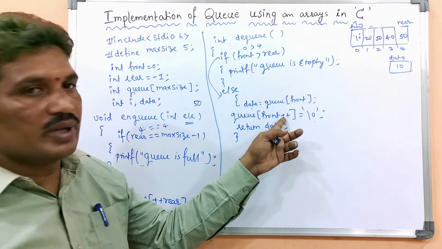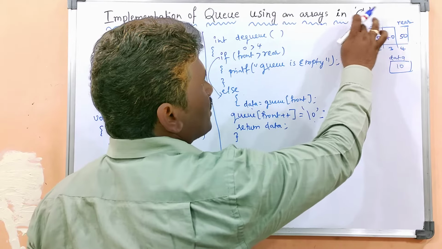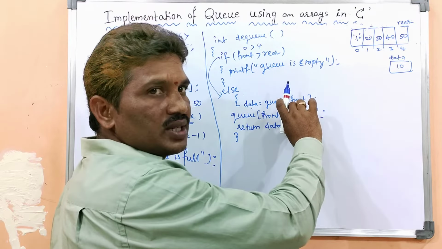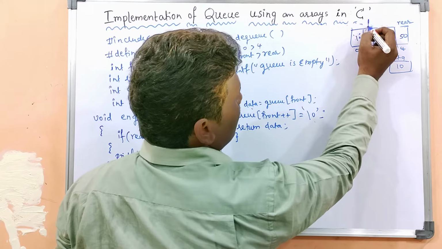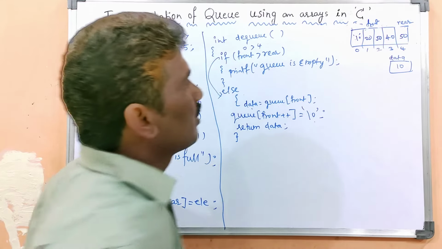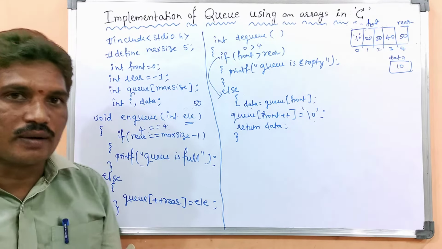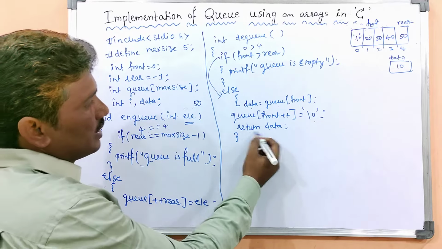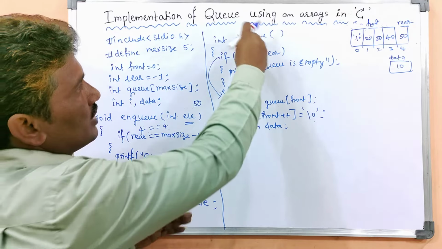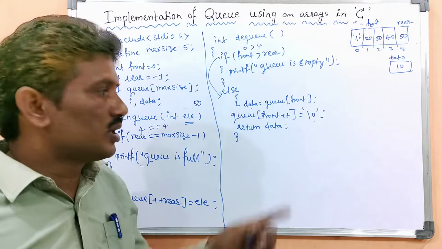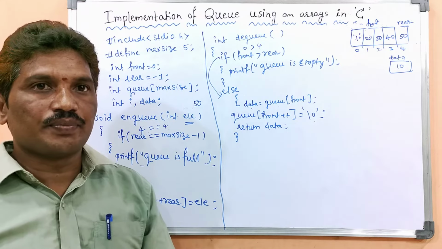Then the front value is incremented by 1. Instead of writing two statements, I wrote a single statement. The front value becomes 1. Then return data. Whenever you call this dequeue operation, it will be returned to the calling function.